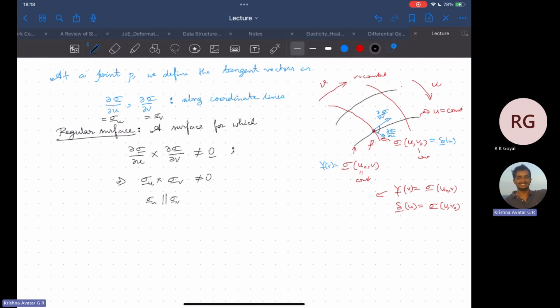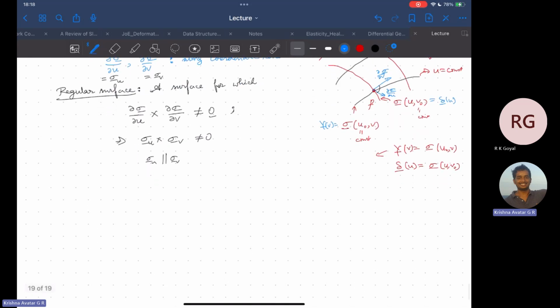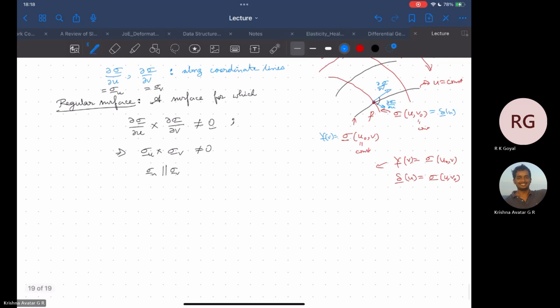So these surfaces are called regular surfaces, and we are interested only in regular surfaces. Geometrically speaking, we could figure out the reason why. Now what we say is, you have these two tangent vectors, sigma u and sigma v.